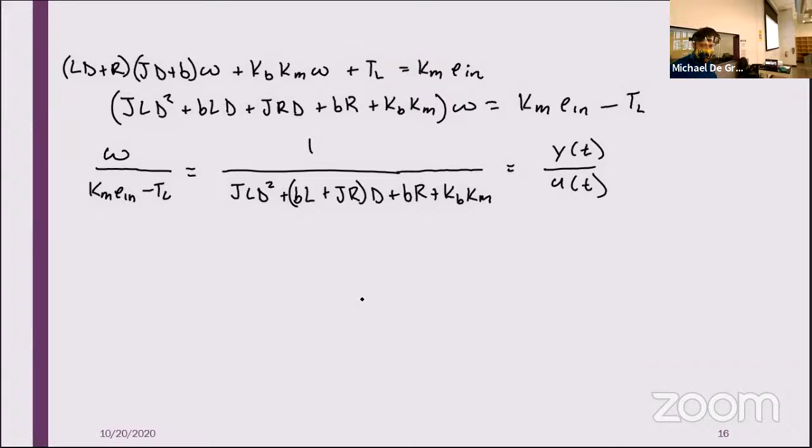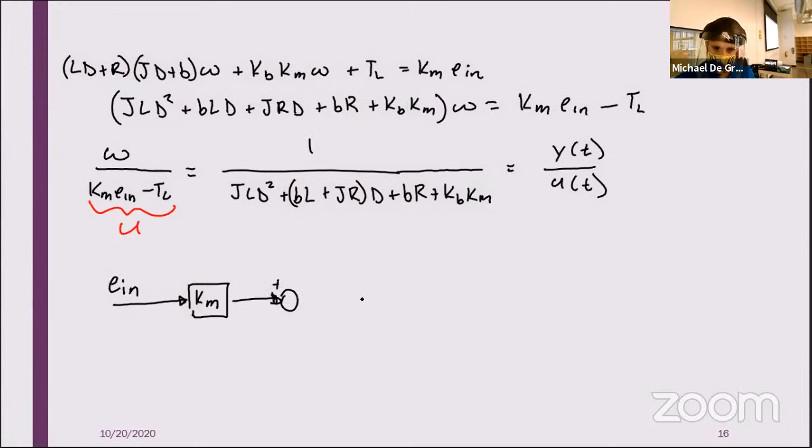Now if I wanted the block diagram for this, what's my input? Remember, my input is still E in, that's the signal that I'm getting. But this is going to be multiplied by Km. Remember, I'm trying to recreate this as my input, U. This goes in to a summing junction. What's coming here? The load torque. What did I just make here?